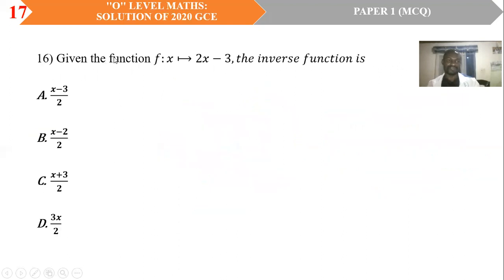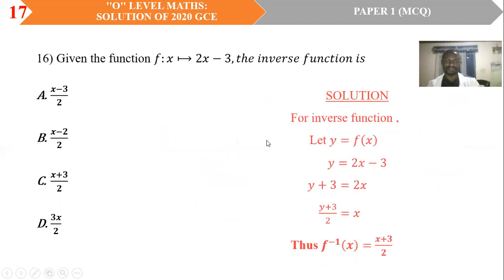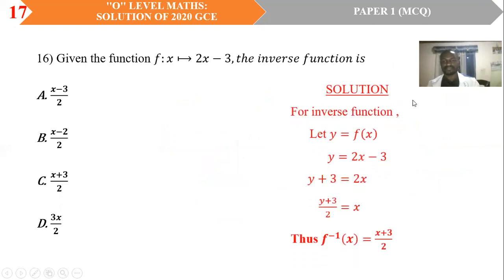Question 16. Given the function f such that x maps to 2x minus 3, the inverse function is? Solution. For the inverse function, we write y equal to f of x, and we make x the subject. After writing y equal f of x, it means that y should be 2x minus 3.